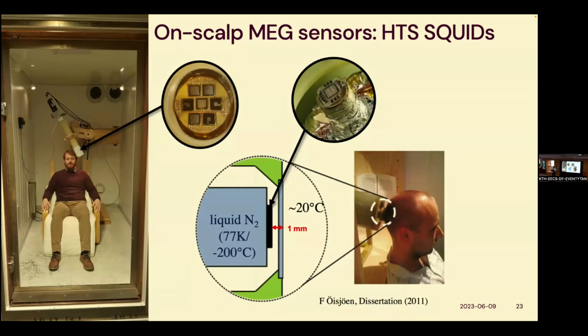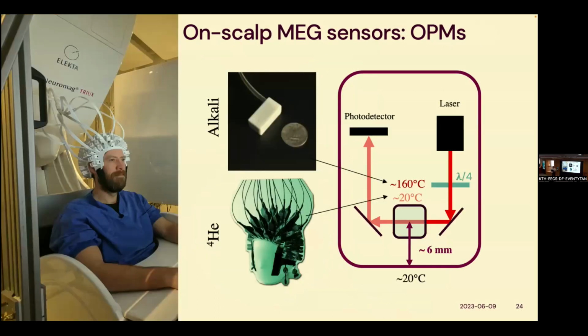Yes, then the other sensor technology that can be useful for on-scalp MEG is OPMs, optically pumped magnetometers, another long abbreviation. There, the basic principle is that you have this small cell with a gas or some atoms in a gas.